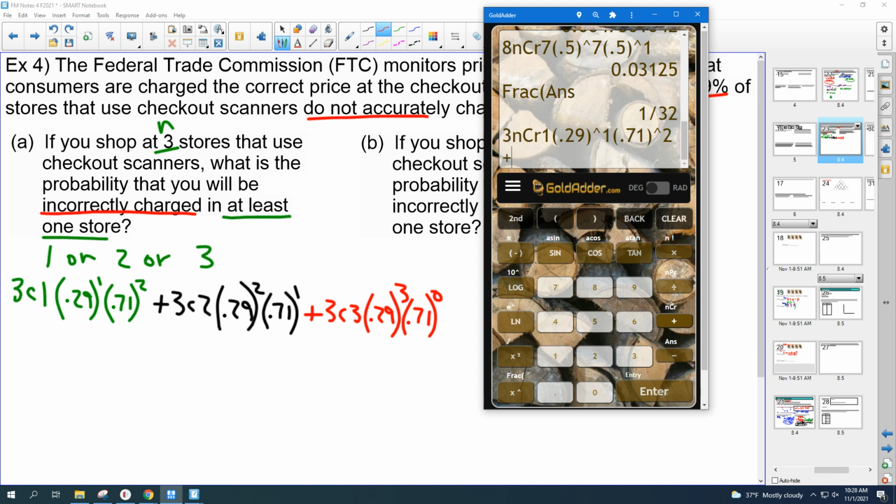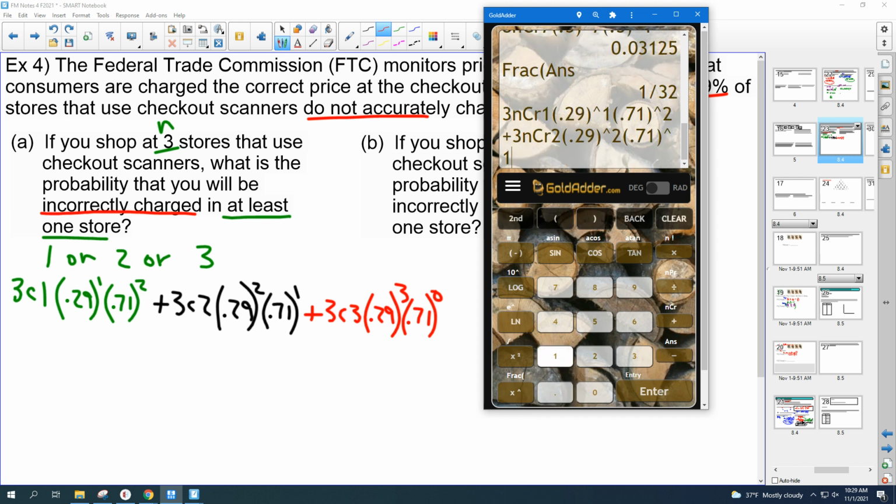Let's see if we can just type it all in. Plus.